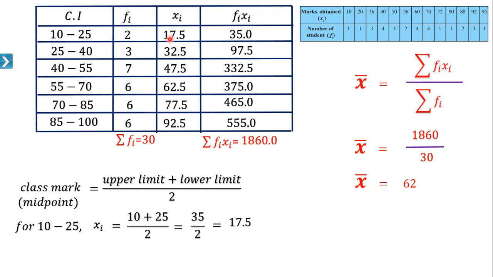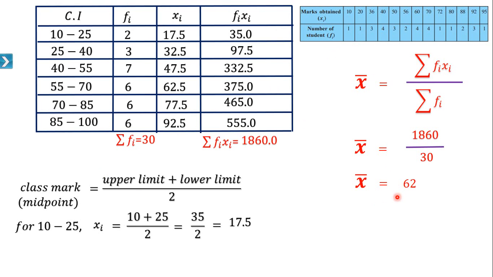This is not the actual value of the marks obtained by the student. So, the value differs. Which is more accurate? The value we obtained for the ungrouped frequency distribution is more accurate than the value we obtained when we converted it into a grouped frequency distribution, because here we are taking xi as the midpoint of the class interval.